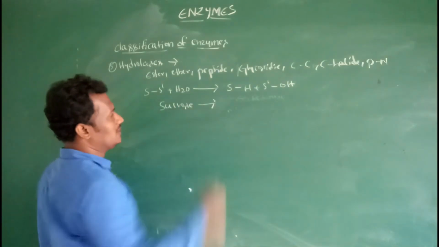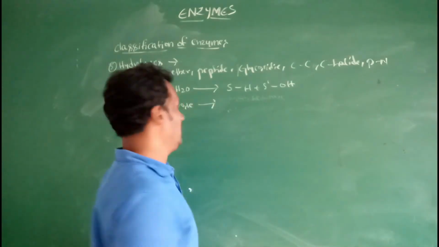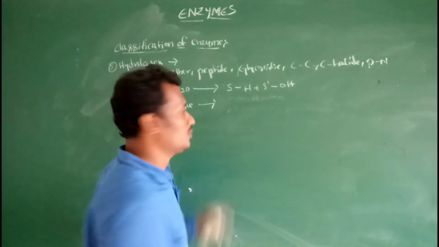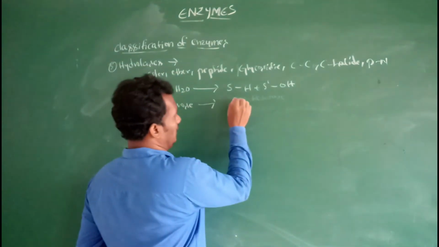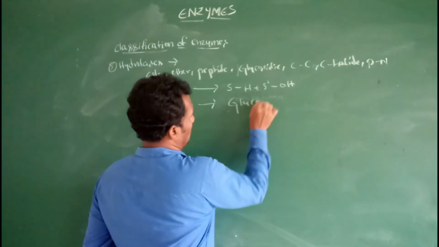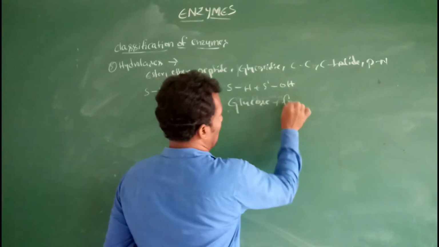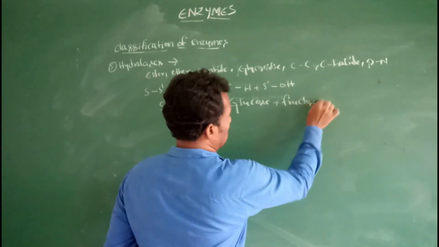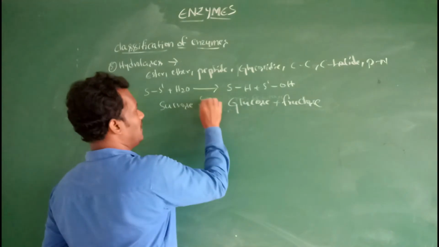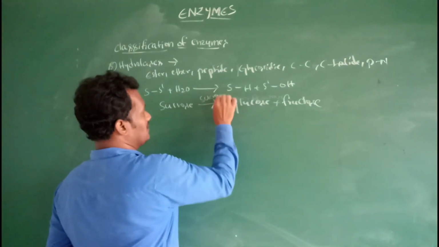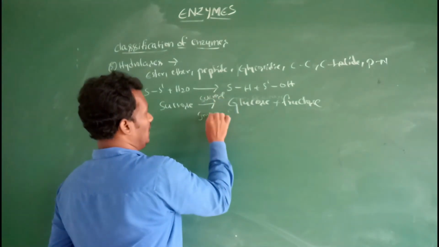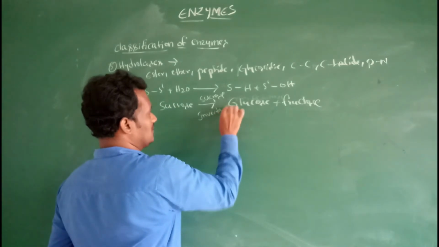Sucrose is a disaccharide, a non-reducing sugar. Sucrose is converted into glucose and fructose. This reaction is catalyzed by sucrase or invertase.